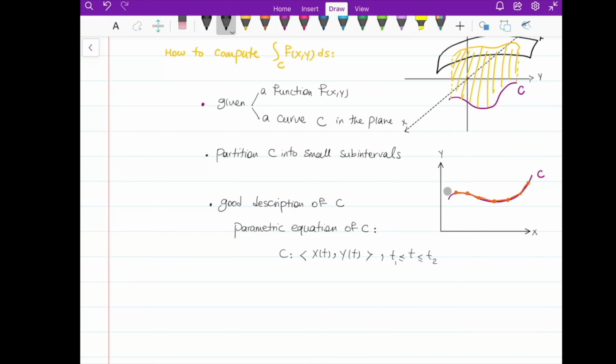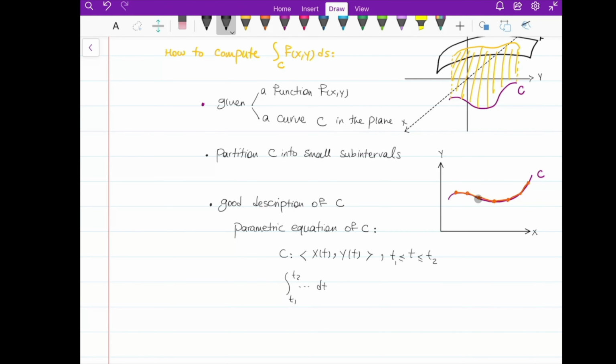So starting at t1, it goes to t2, for example. Okay, so when we have a good description, when we actually have the parametric equation of C, in that case we can integrate with respect to dt from t1 to t2, right? So the integral would be easier after we parameterize it.